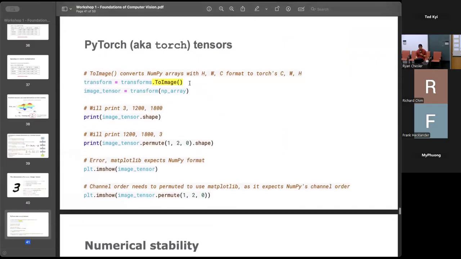So that's what they were focusing in on here. They were basically saying, here's a transform. There's the PyTorch transforms, and there's the Torch Vision transforms, or there's whole packages focused on these transformations. They're saying this is one that you can use in order to swap between NumPy format and Torch format.